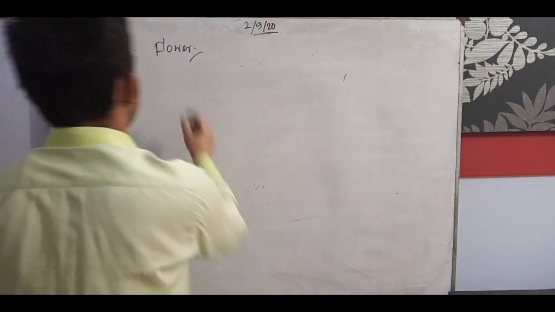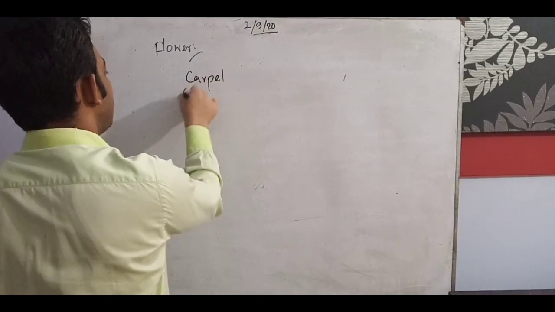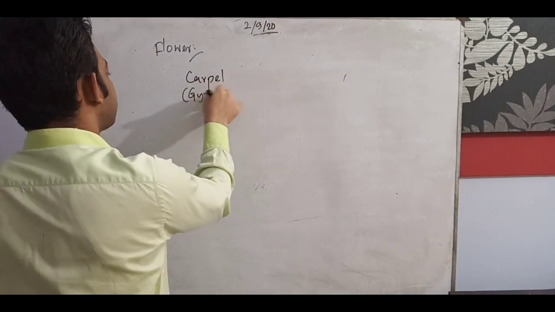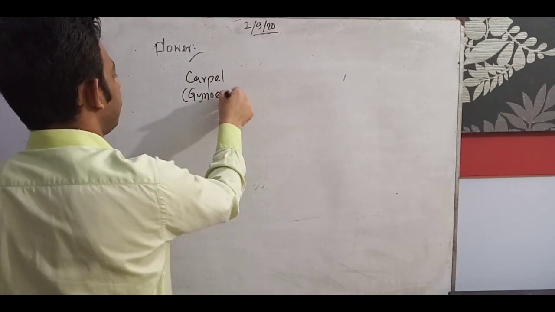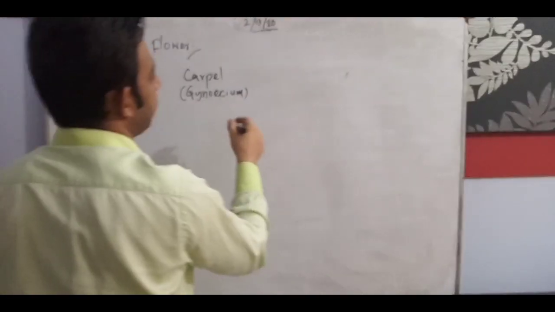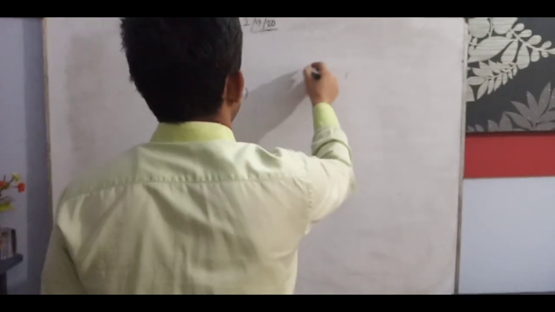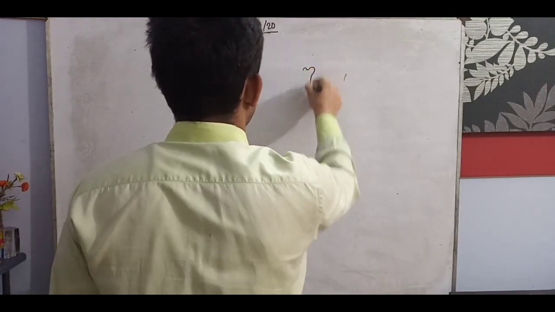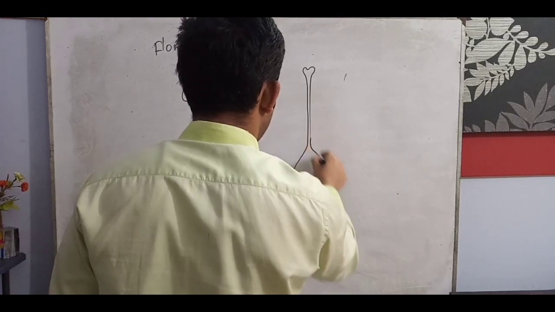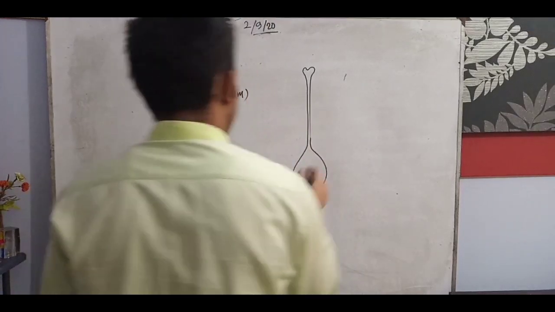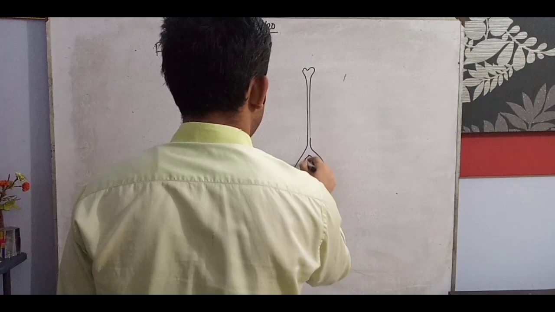Suppose the very first one I want to go through is the carpel. Carpel, I tell you, the gynoecium. And actually what is the figure of it? This one is the figure, and I draw a figure like this one.